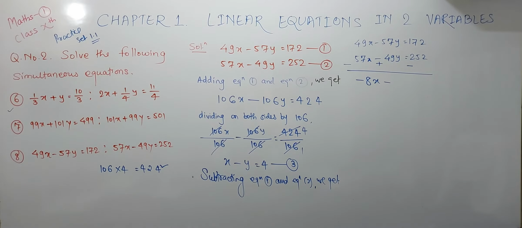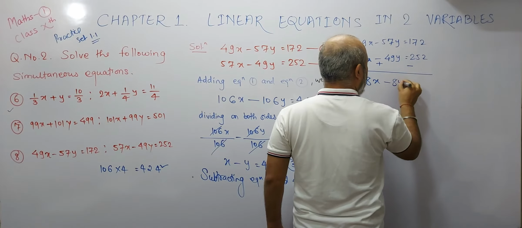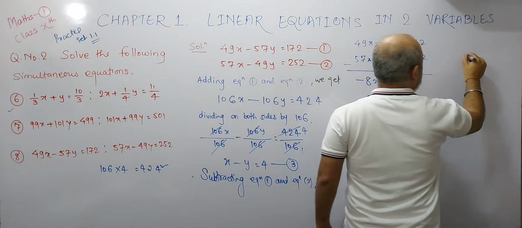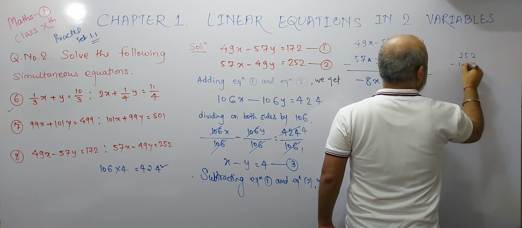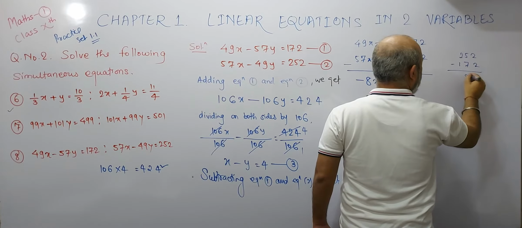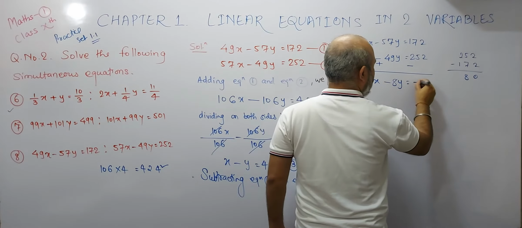So what you will get, student, again here, the subtraction, minus 8y, and this is equal to 252 minus 172, so this will be 80. Okay, so this will be minus 80.